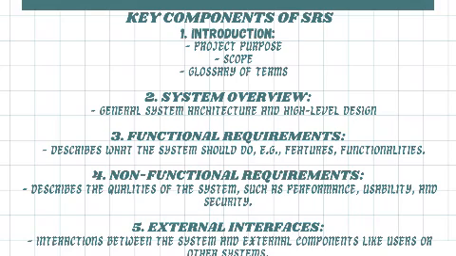Second is system overview, which gives an overall description of the product. Product perspective describes how the system fits into a larger context, including the dependency or relationship with other systems. Product features, an overview of the main features that the system will offer.